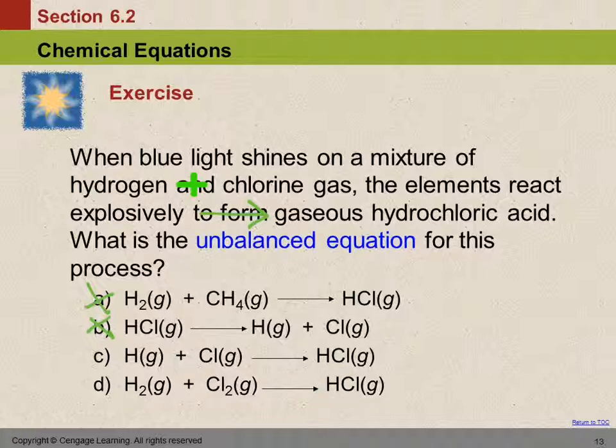And then there's state symbols given here too. It says hydrogen and chlorine gas, and it forms gaseous hydrochloric acid. So all these state symbols are correct. So the difference between these two is this one has just H and Cl, and this has H2 and Cl2. Which one's correct?